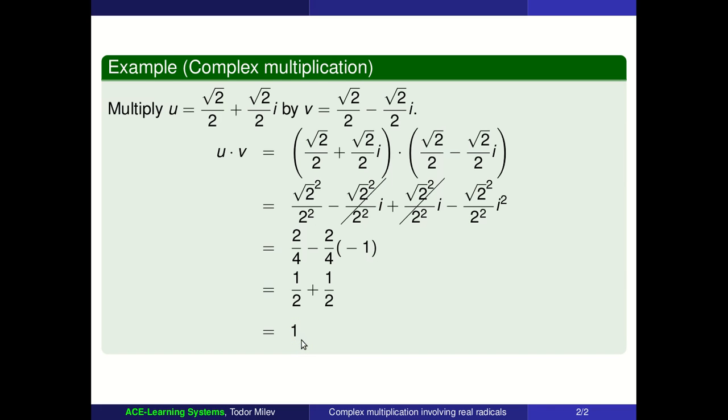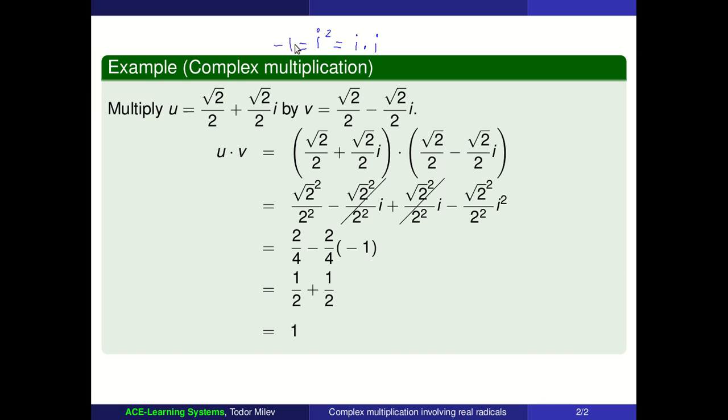One thing we see from this example is that it is possible for the product of two complex numbers to be a real number. Of course, we kind of knew that from before because I squared was -1, and that was also equal to I times I. So we already knew that it is possible for a product of two complex numbers that are not real to be real.